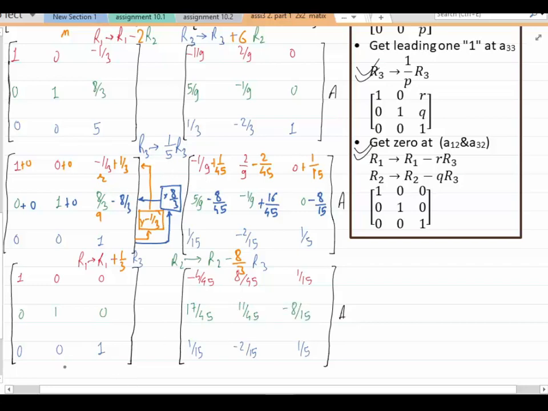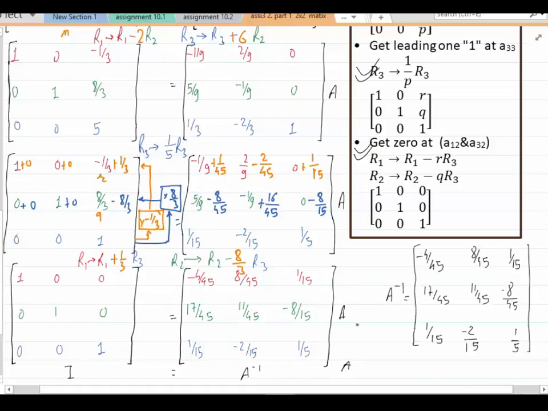So tada, we get I is equal to A inverse A form, which suggests that our A inverse is minus 4 by 45, 8 by 45, 1 by 15, 17 by 45, 11 by 45, minus 8 by 15, 1 by 15, minus 2 by 15 and 1 by 5.